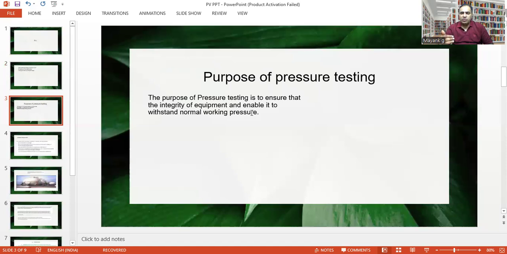The purpose is to ensure that the integrity of the equipment is maintained, and while it is in operation, it will withstand the normal working pressure.